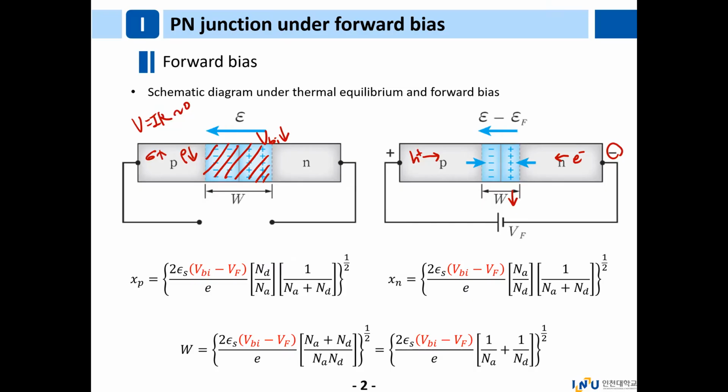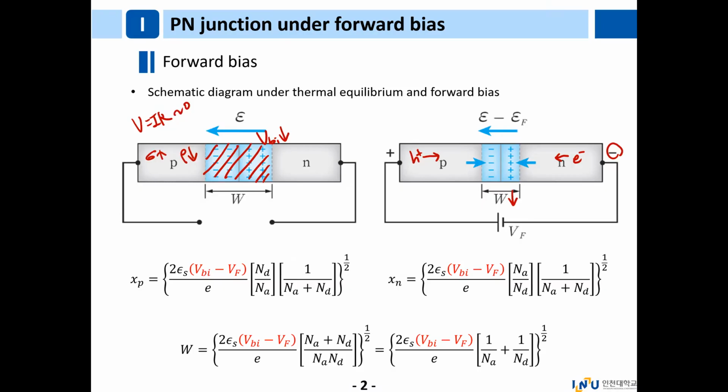Therefore, the balance between the diffusion force and the electric field force in thermal equilibrium is broken. The electric field force preventing the diffusion of the majority carrier across the depletion layer is reduced, so electrons in the N region cross the depletion layer to the P side, and holes in the P region also pass to the N side.